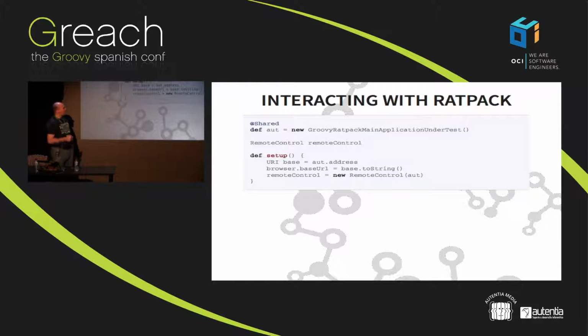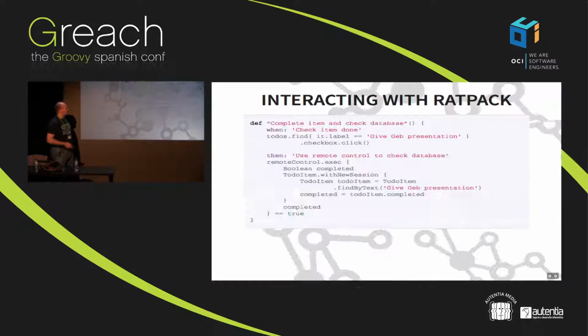That enables me to make a remote control and hand in the application under test in this case. That means I can now, with the remote control, send in a closure of Groovy code, and all it does is fire this away inside the application and return the result.